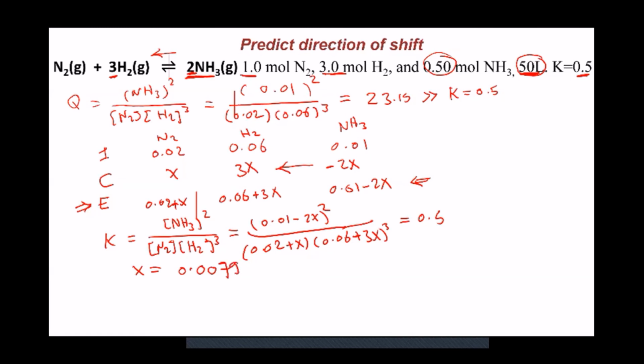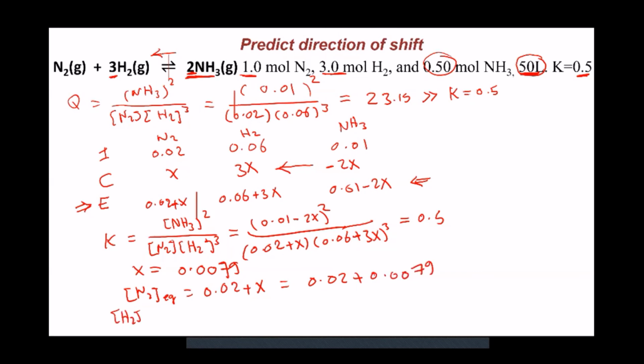0.0079. And based on this, you can calculate the equilibrium concentration for all the species, because the nitrogen concentration at equilibrium is going to equal the initial concentration plus the change that happened, 0.02 plus 0.0079.